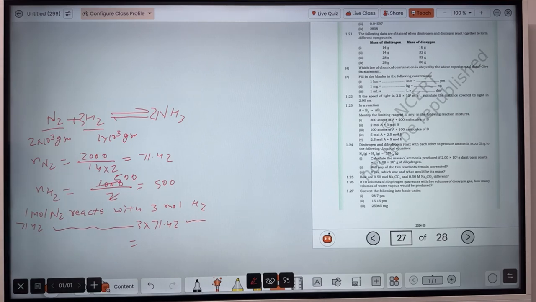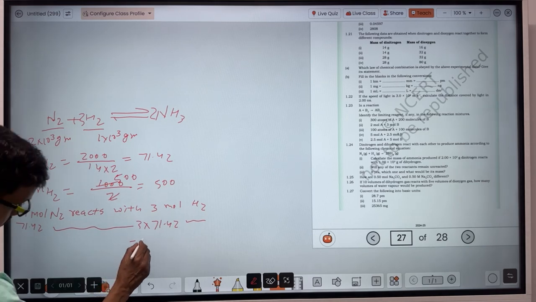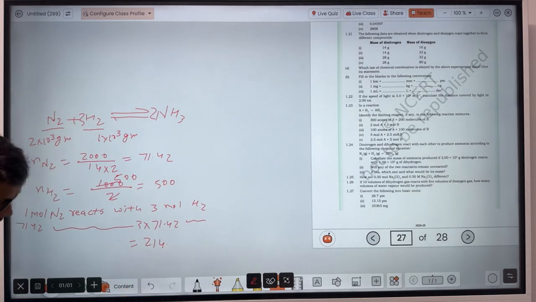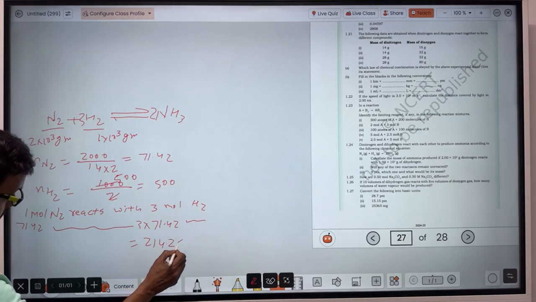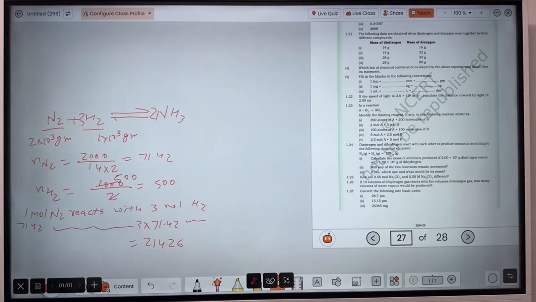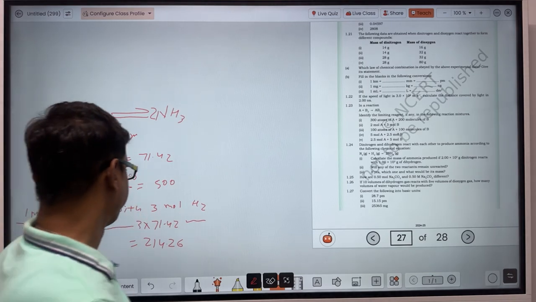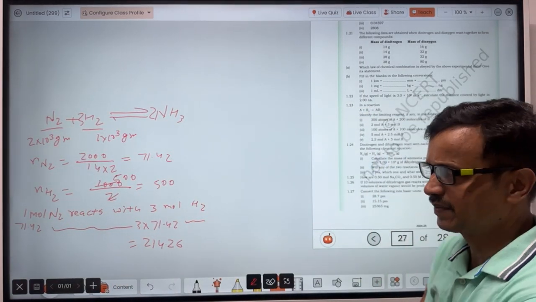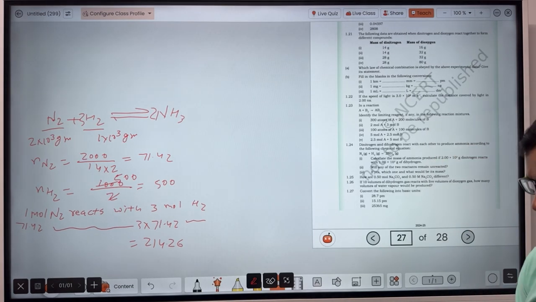That is 71.42 into 3. Calculate. $214.26. So that much is the number of moles of hydrogen required? Yes.